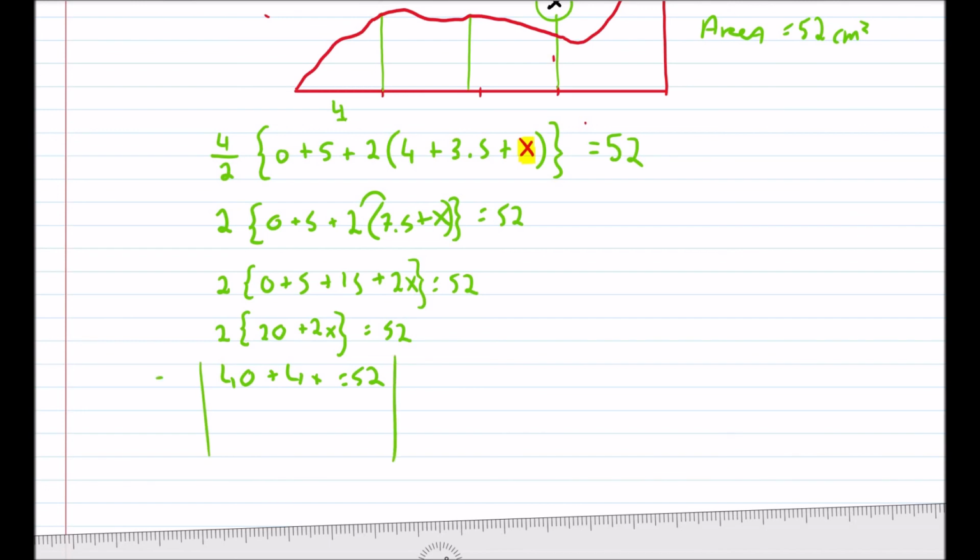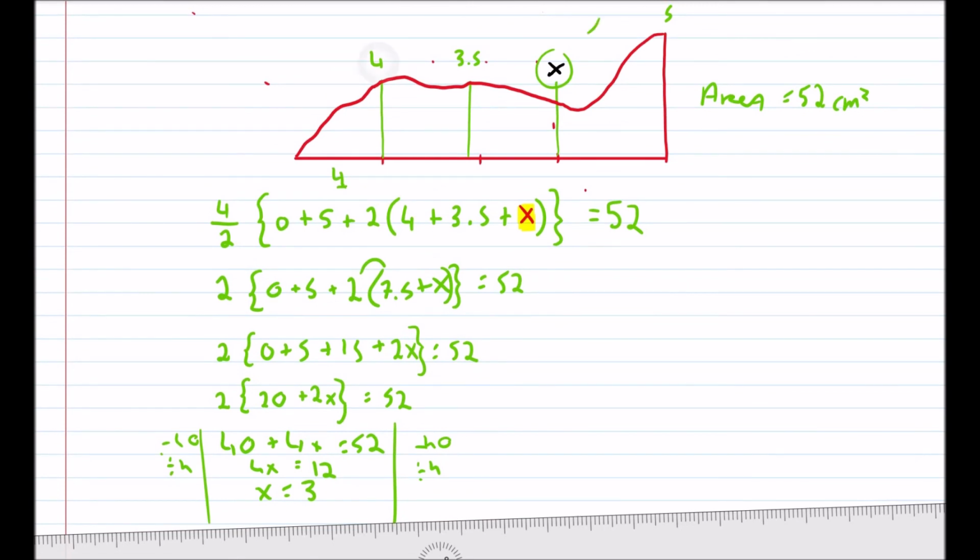A bit of algebra here, take 40 away. Take 40 away. We're left with 4x equals 12. So divide by 4, divide by 4, we get x equals 3. So the height of this is 3 centimeters. Okay, that's it guys, thanks.